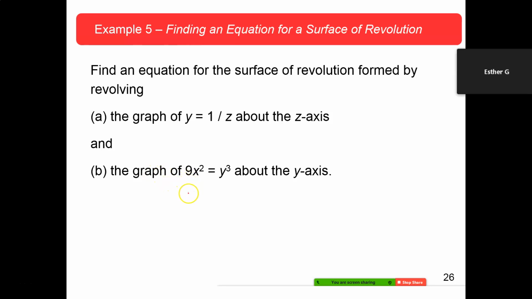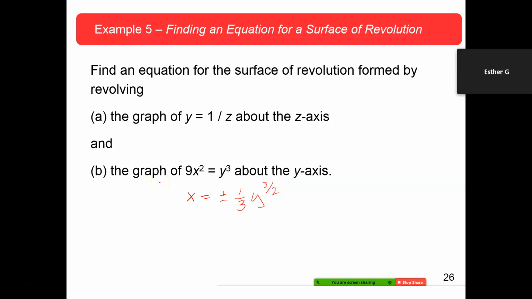So we have x is equal to plus or minus, and since we're taking a square root, let's make it 1/3 of y to the 3/2 power.